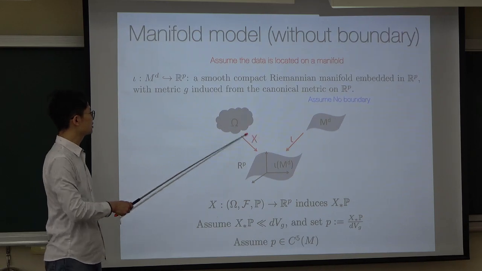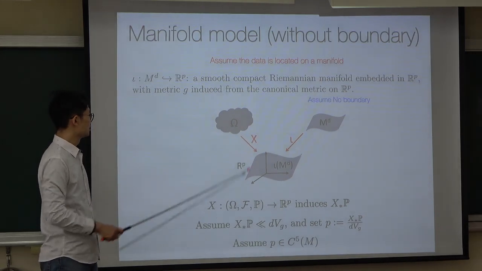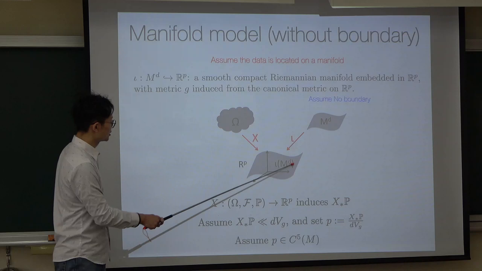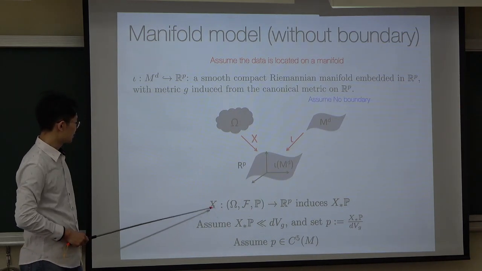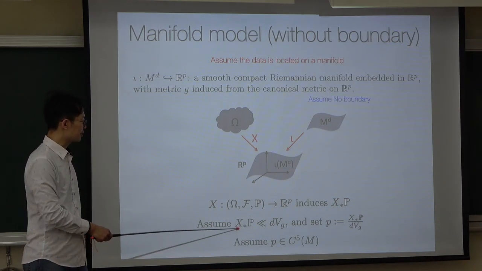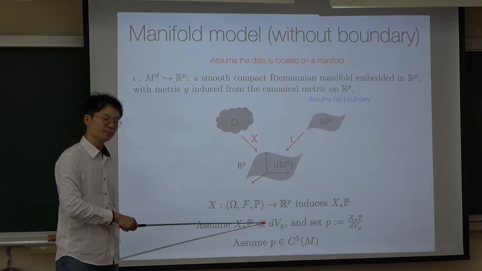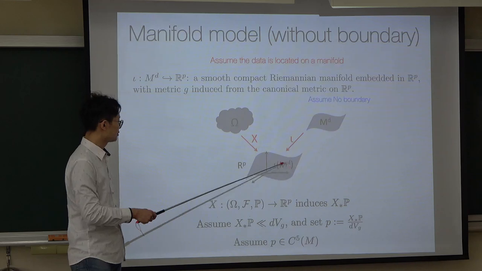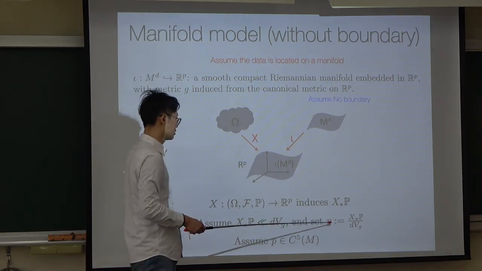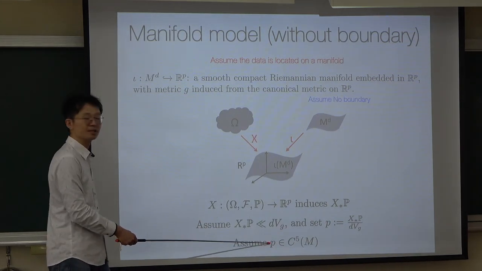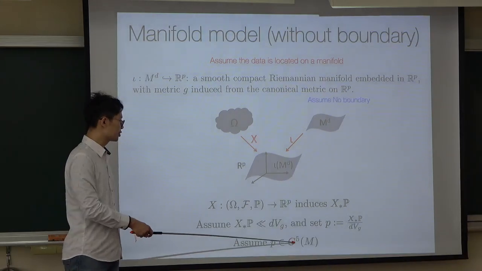You have a random vector X, which gives you samples on the manifold. We make the assumption that the induced measure is absolutely continuous with respect to the volume form, and you have a density function, and we assume this density function is sufficiently smooth.